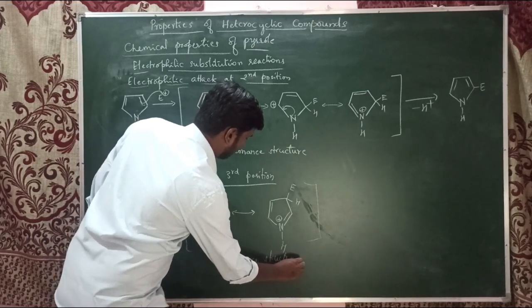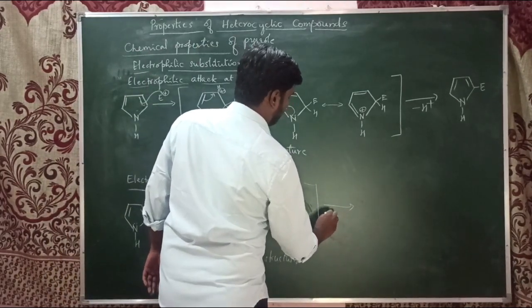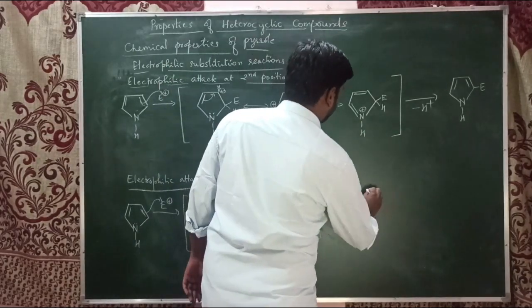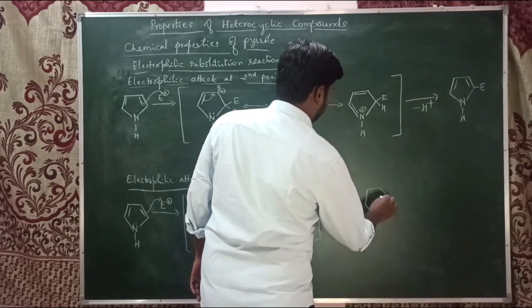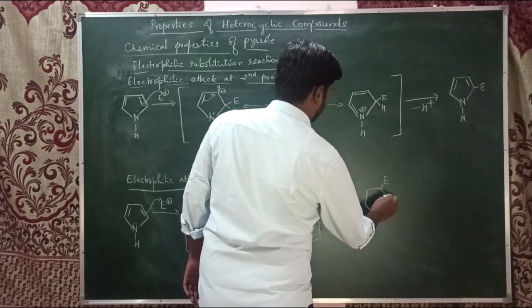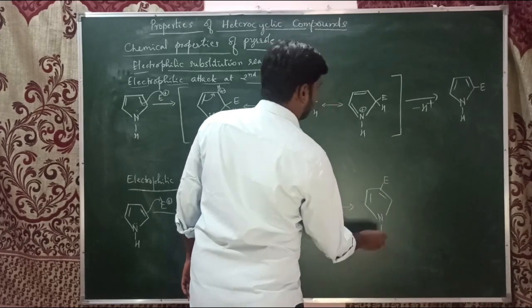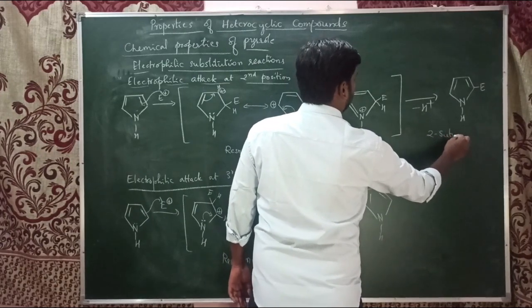So finally, here also the same thing. When that proton has been removed, it gives us the electrophile attack at the third position. So electrophile here, it is 2 substituted pyrrole.